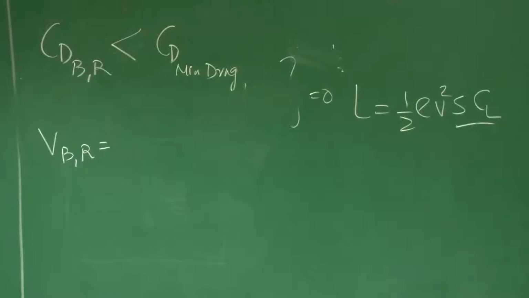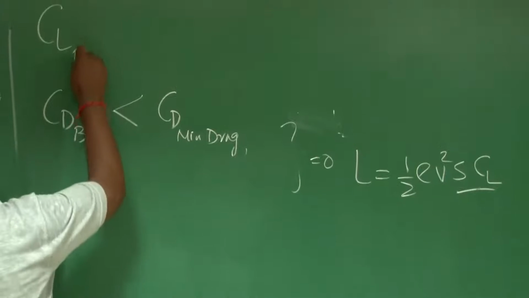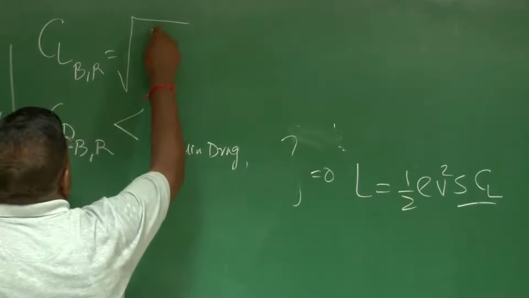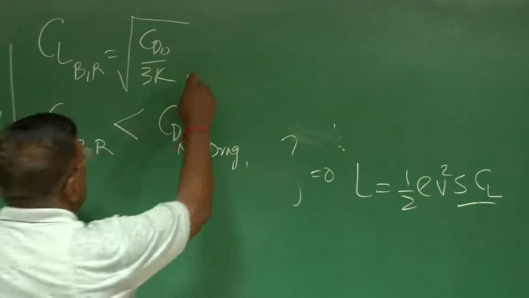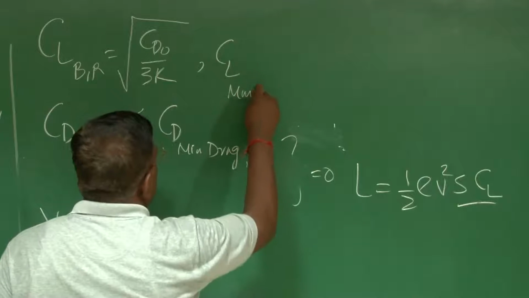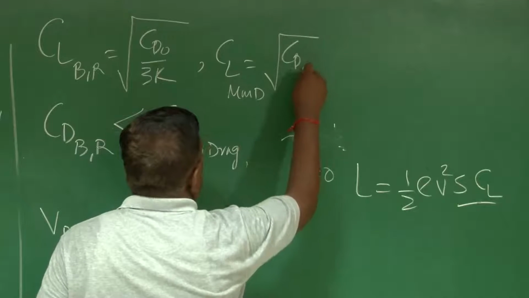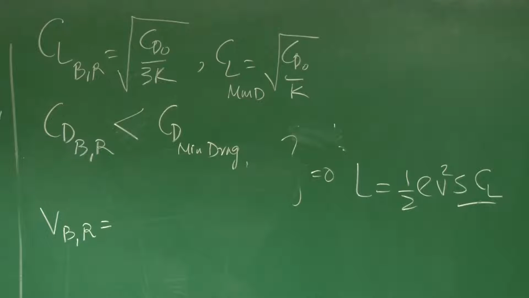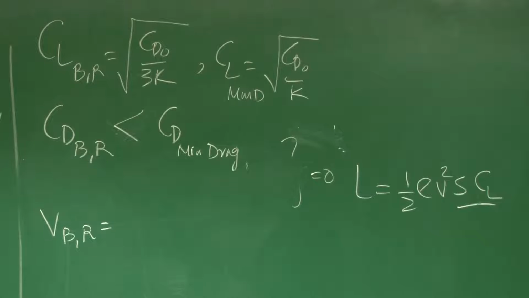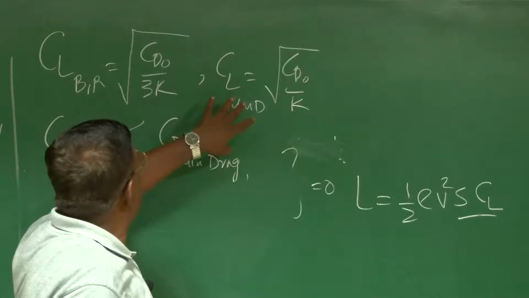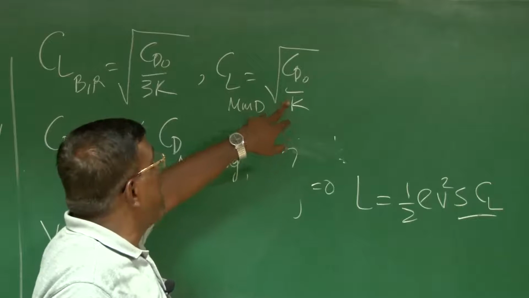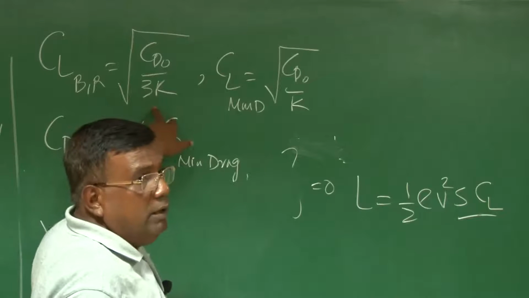We have seen CL for best range is square root of CD naught by 3K, and we also know CL for minimum drag is square root of CD naught by K. First of all, if you want to get a feel for numbers, immediately you should understand that when I am flying at CL for best range, I am flying with higher speed compared to when I am flying with CL for minimum drag, because this CL is more than this CL, right?